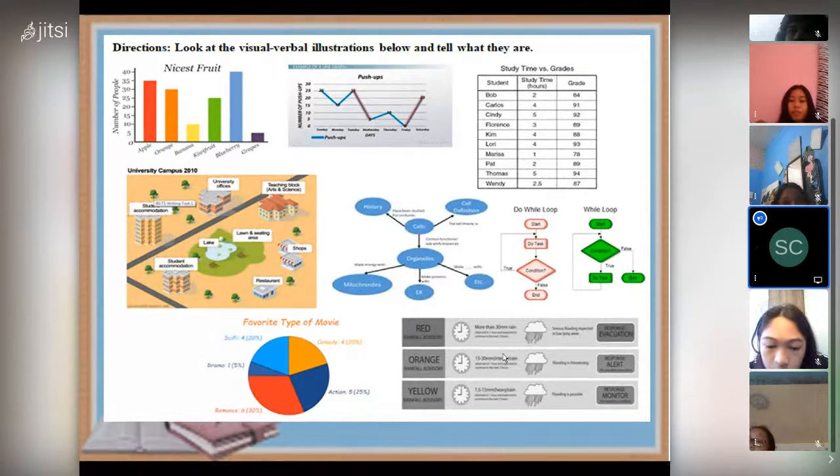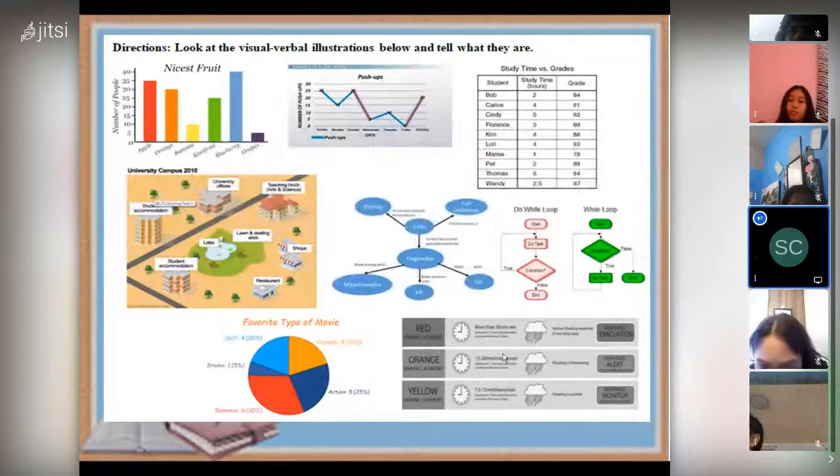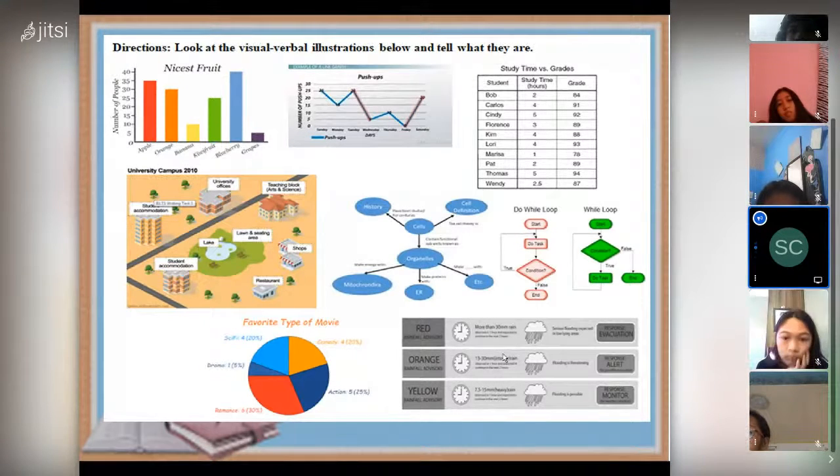What else? We have line, bar, table, map, pie. How about the one with cells, organelles, mitochondria, ER, etc.? Cell definition, history.